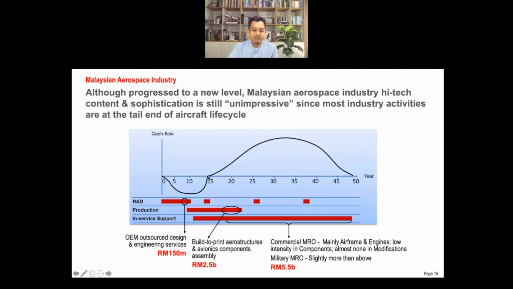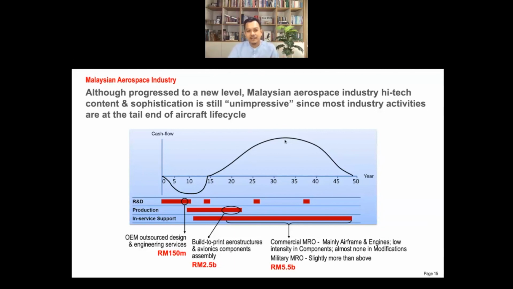And then where we get the return on investment is basically after 15 years up till 50 years. After about 15 years of spending is the time to make money, because you already have a template of a wing, a template of the engine, a template of this and that.